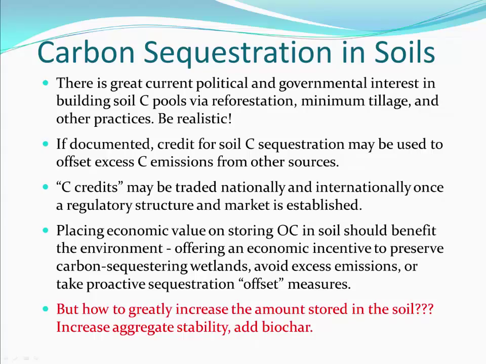If we can lock it away inside stable aggregates, then we can increase the carbon content and also protect it from the microbes. But at the same time, we can also have the other more easily decomposed components available to keep the microbes healthy and happy and the plants happy.